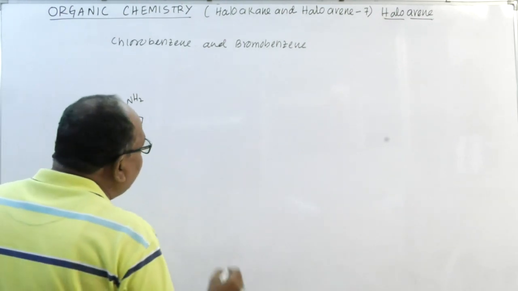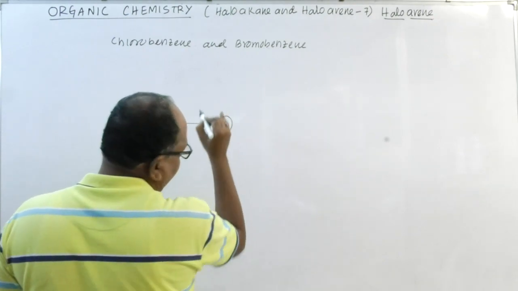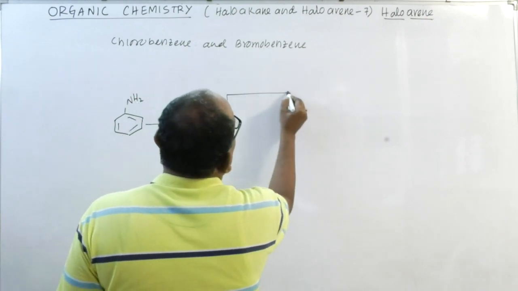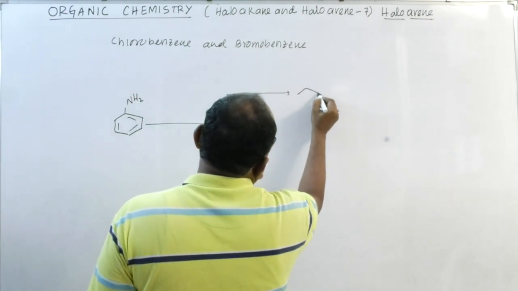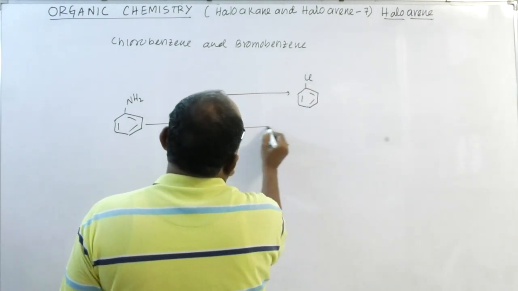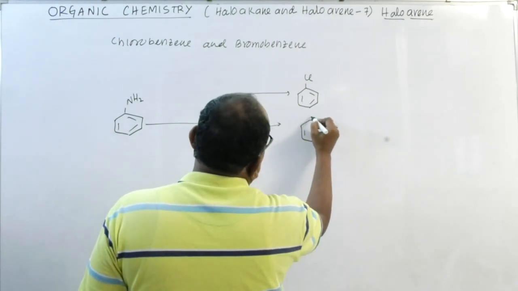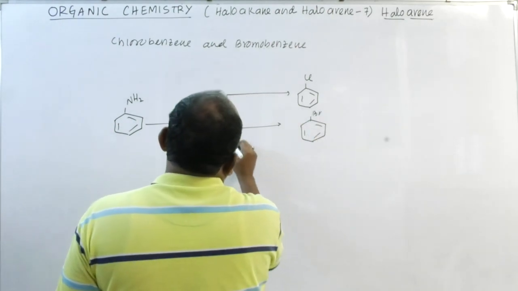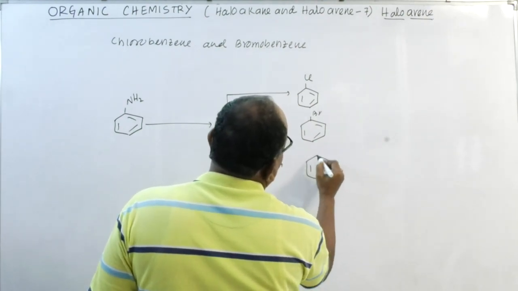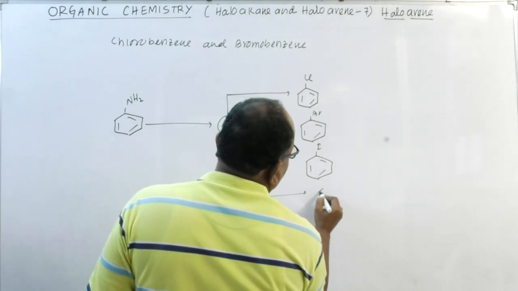Now aniline is converted into a certain compound A, and this compound A is converted to chlorobenzene, to bromobenzene, to iodobenzene, to fluorobenzene.